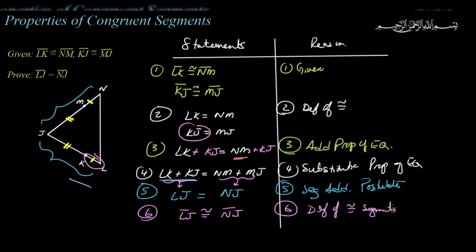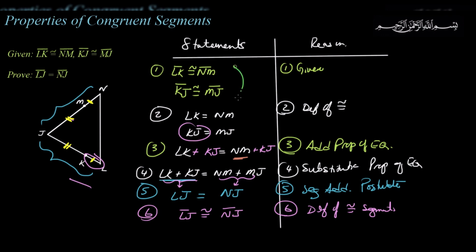Okay, now look. So we're done. Ta-da. So what do we do here? Let's review what we did. We were given that the two baby segments were congruent, this one congruent to this one, and then the two medium-sized segments were congruent. And from there we proved that the two bigger segments were congruent. First we wrote down the given information.